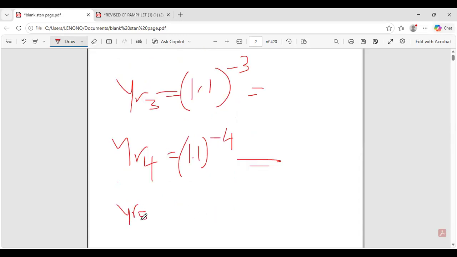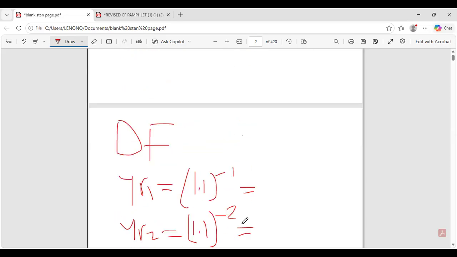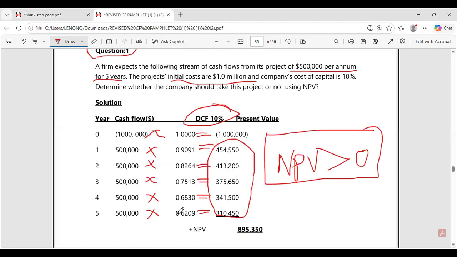So year five is also 1.1 to the power negative 5. Okay. So this is how the factors were obtained here. Is that okay? Very clear.